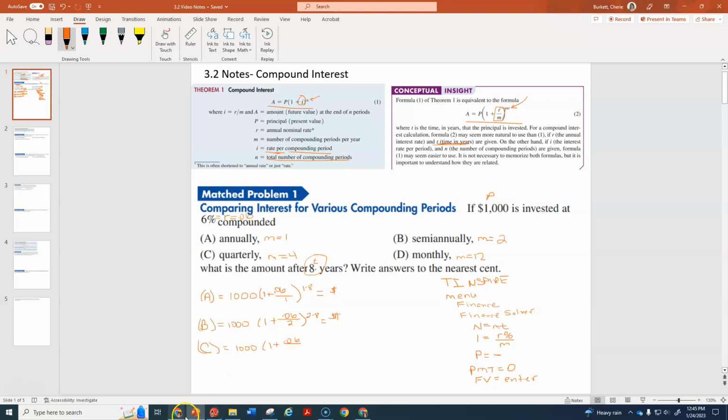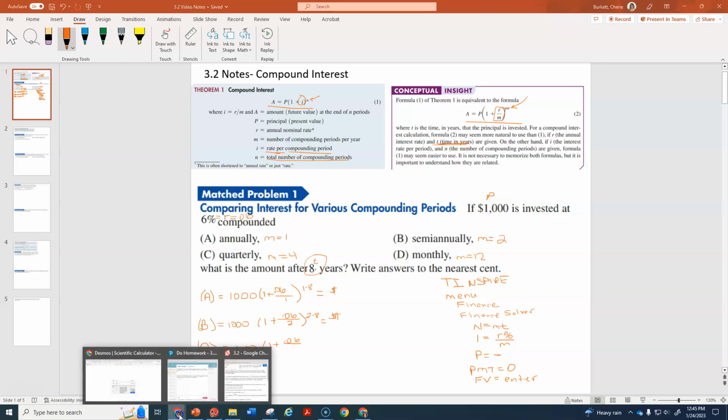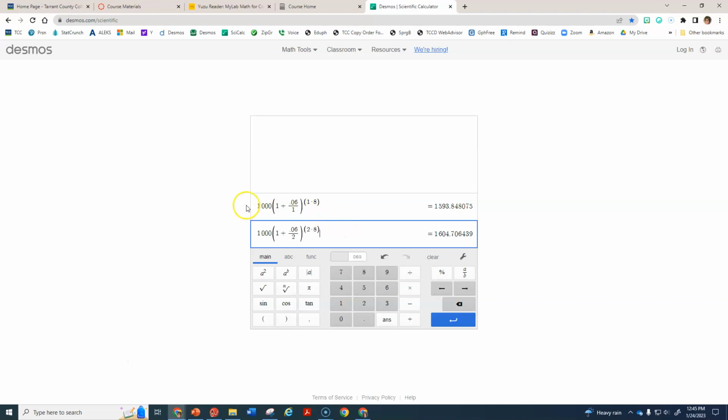You've got your choice. You can either go to a calculator on Desmos. You enter your numbers in right here, press equal, and it gives you this value. Or, of course, you can do it on a graphing calculator as well. But $1,593, it said round to the nearest cent.